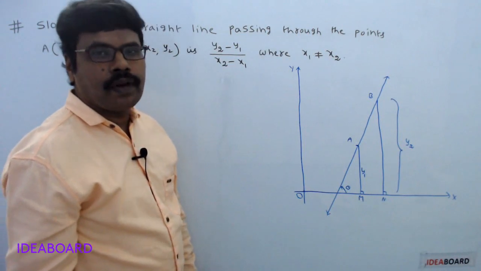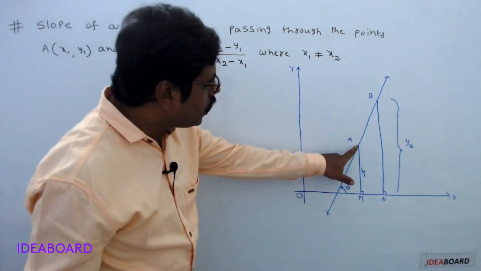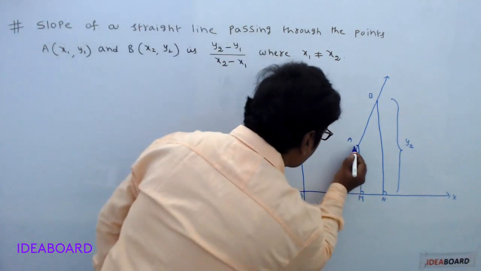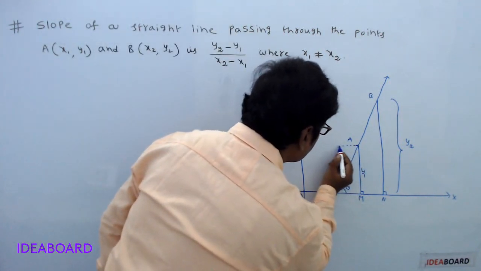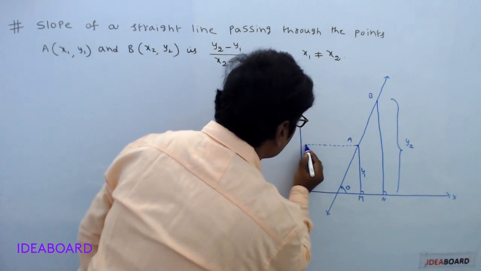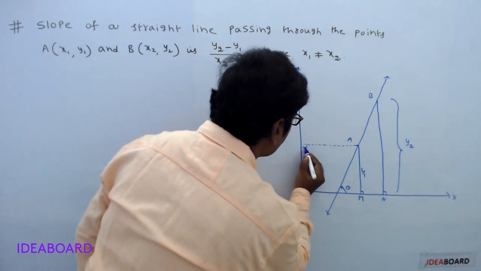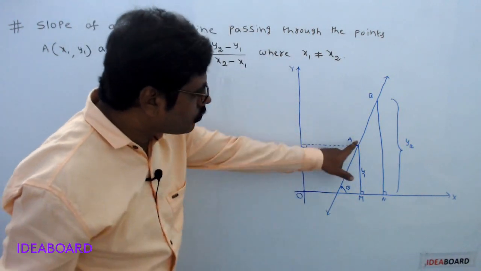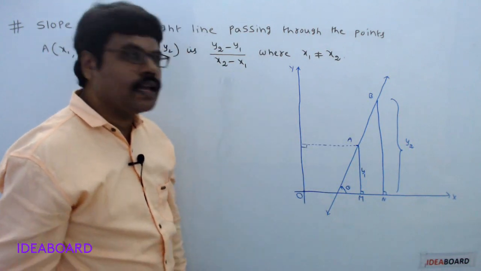Then draw a perpendicular from the point A onto the y-axis. Now this is the perpendicular from the point A onto the y-axis.